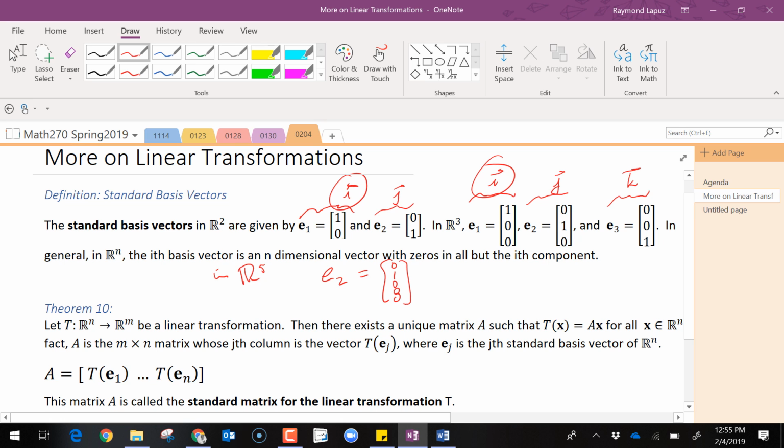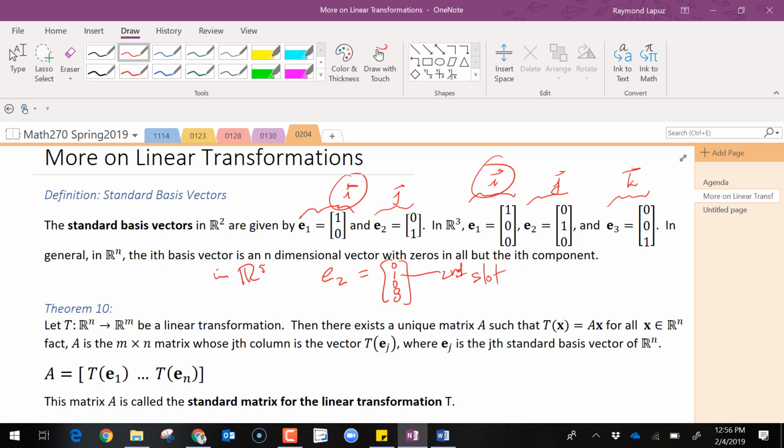Yeah. So that's just notation, and that's how we'll define the standard basis vectors. Zeros everywhere, 1 in some slot. The second component is going to be 1, everything else zeros.